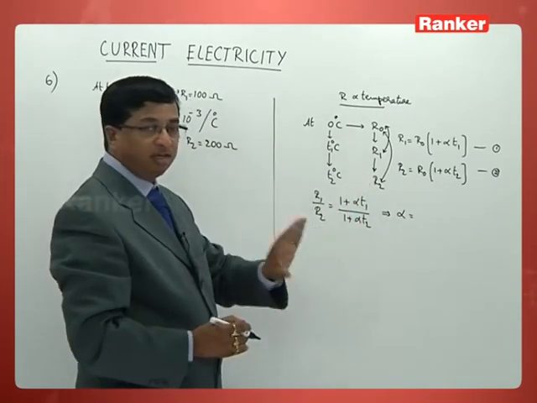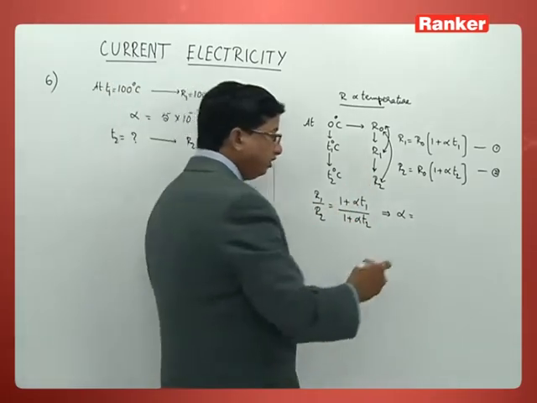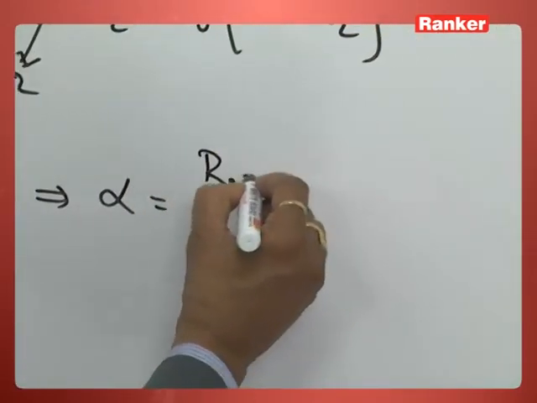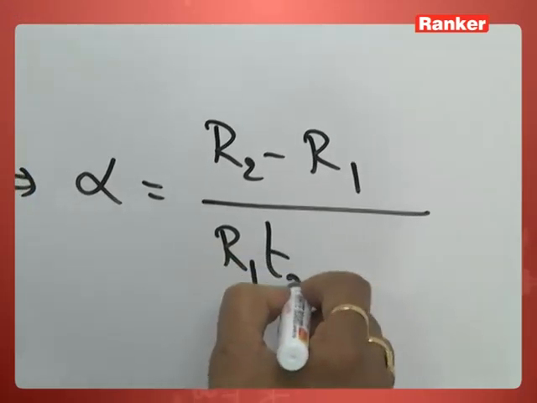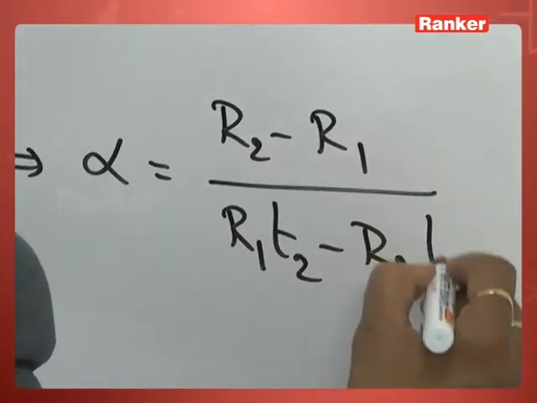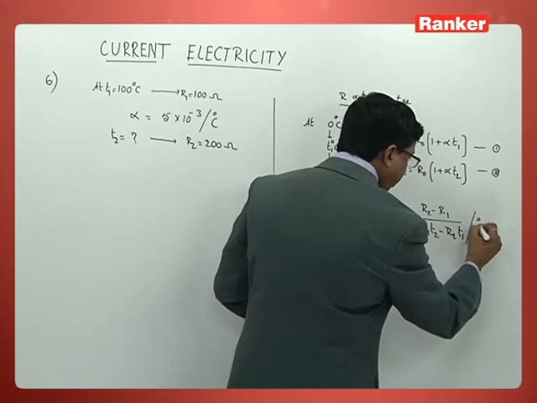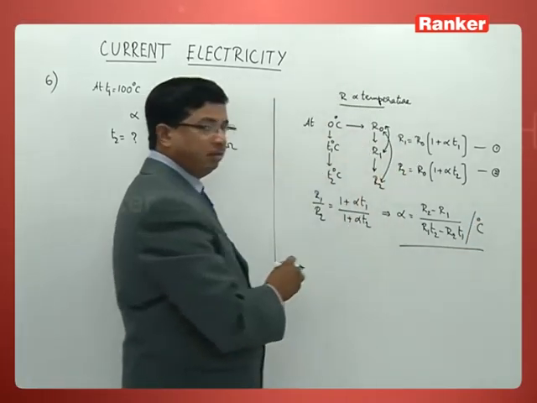I directly write that equation. What is that equation now? Alpha is equal to R2 minus R1 by R1 T2 minus R2 T1 per degree centigrade.